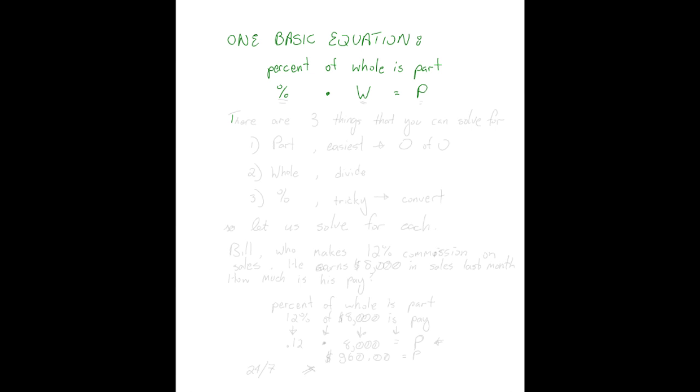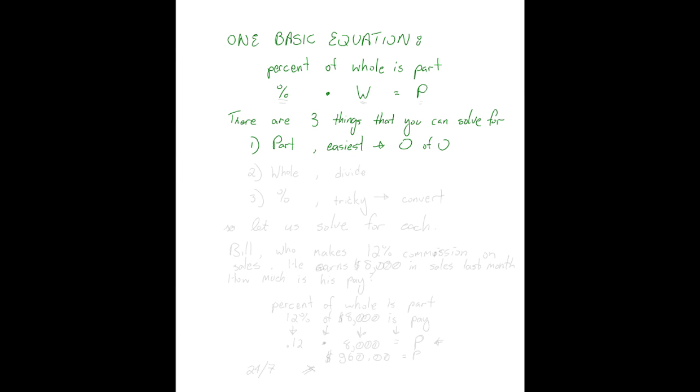So you can see there are 3 things that you can solve for. The first one, and the easiest, is the part. The reason why this is the easiest is because you're just going to follow your order of operations.